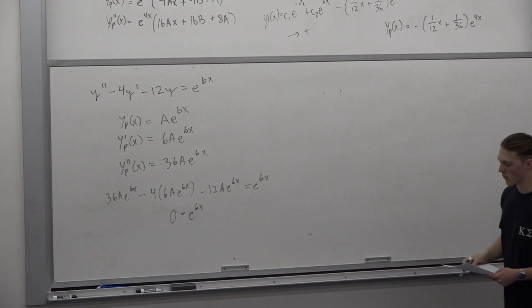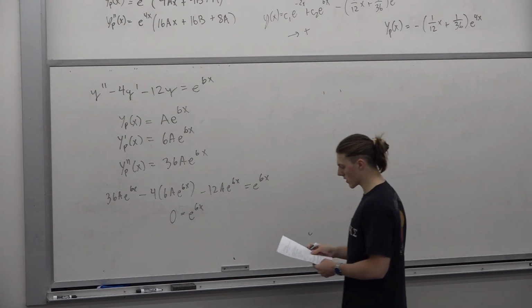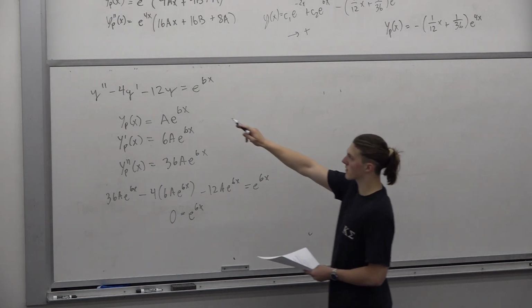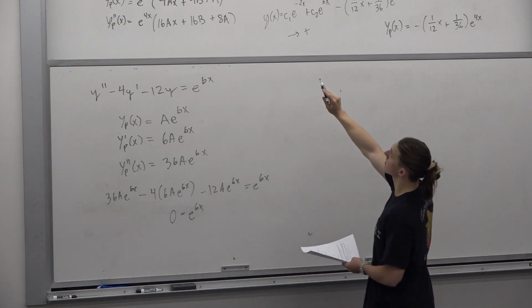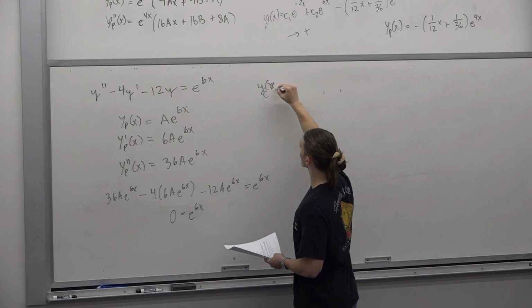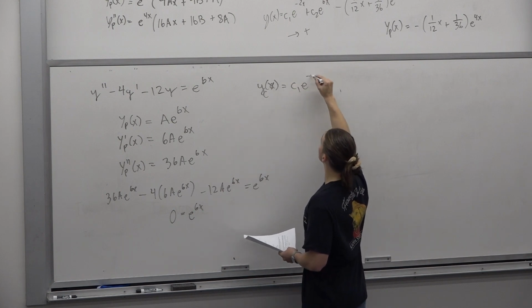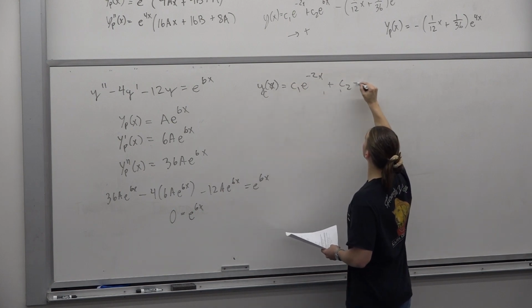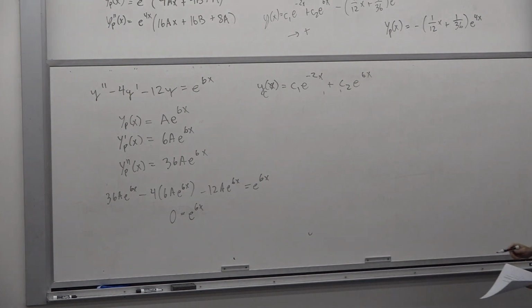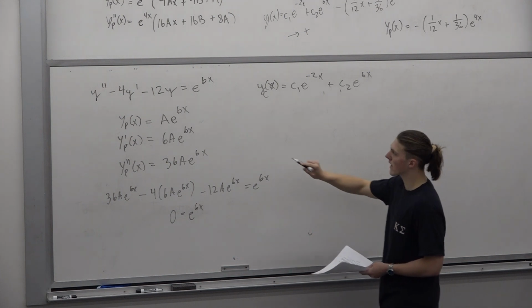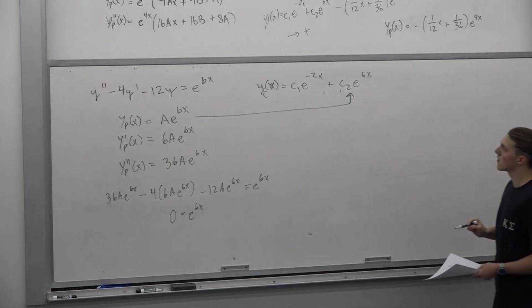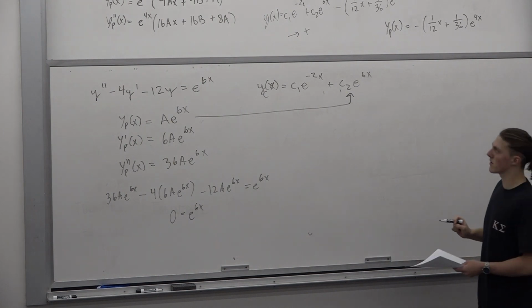So what you have to realize in this situation is that if we were to actually solve this equation, this is the exact same one as previously. Our complementary solution is that. What we have to realize is that our guess looks exactly like one of the terms from our complementary solution.